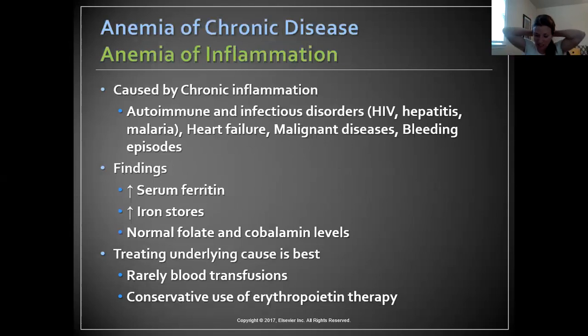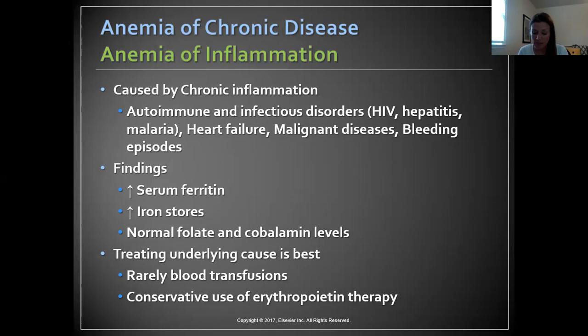Anemia of chronic disease is also called anemia of inflammation, and it has an immune basis. Cytokines released in various conditions cause an increased uptake and retention of iron within macrophages, which limits the iron available for erythropoiesis. We differentiate it from other anemias because patients typically have normal folate and cobalamin levels. Causes include HIV, hepatitis, malaria, heart failure, cancers, and bleeding episodes.